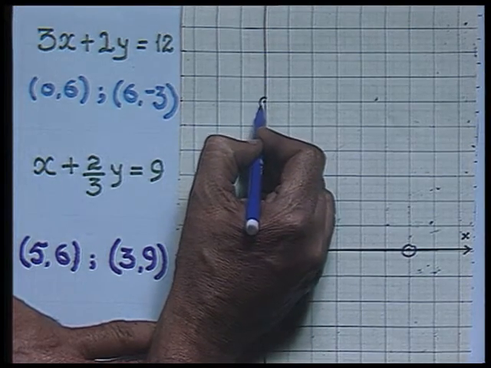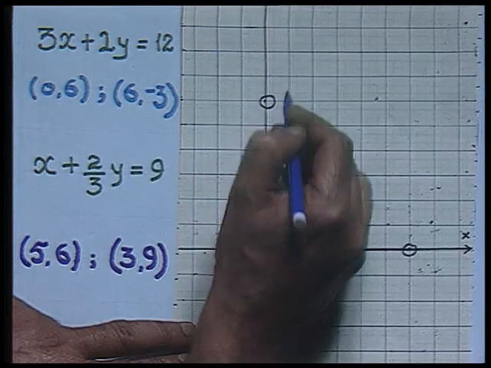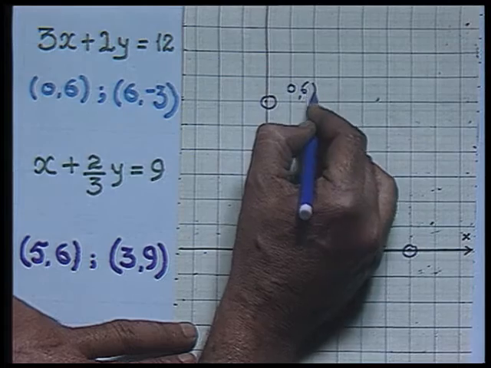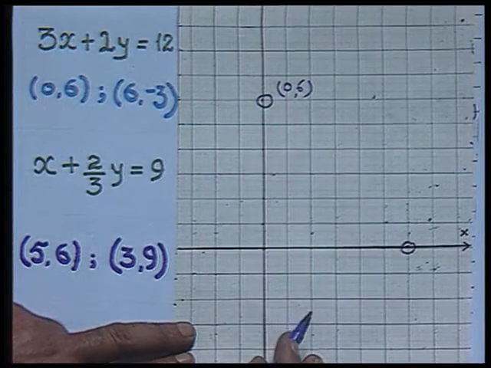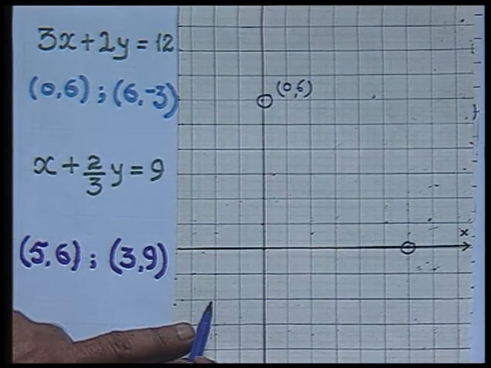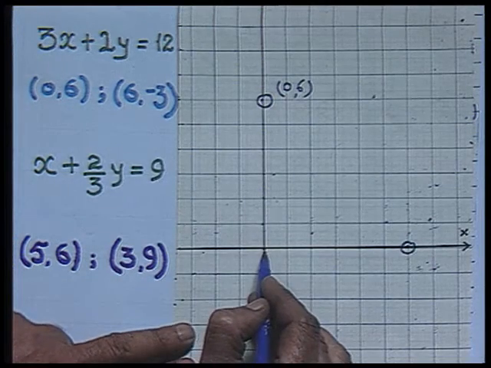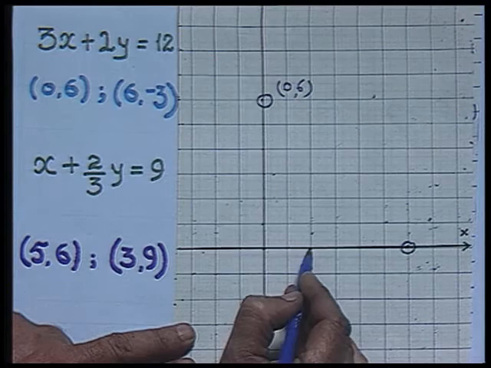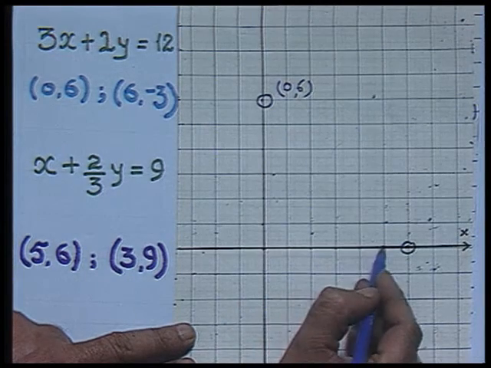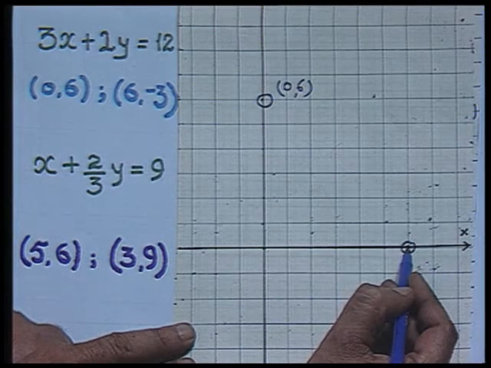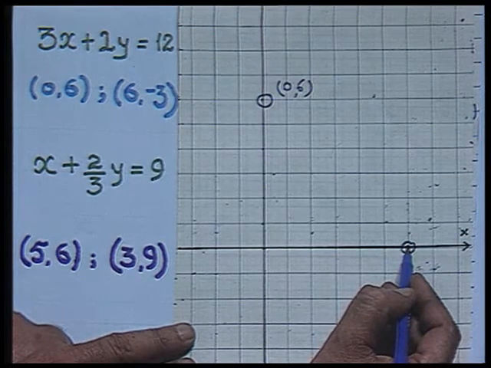So this point is (0, 6). The other point is (6, minus 3). 6 units being positive, I will move towards the right, 1, 2, 3, 4, 5, 6.